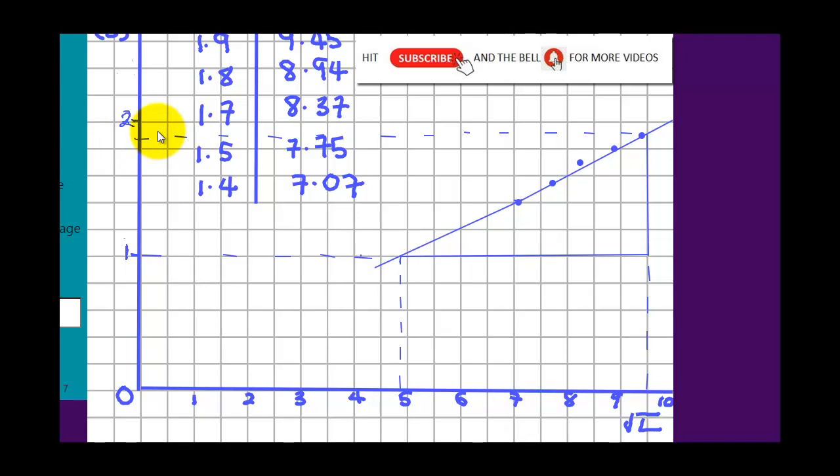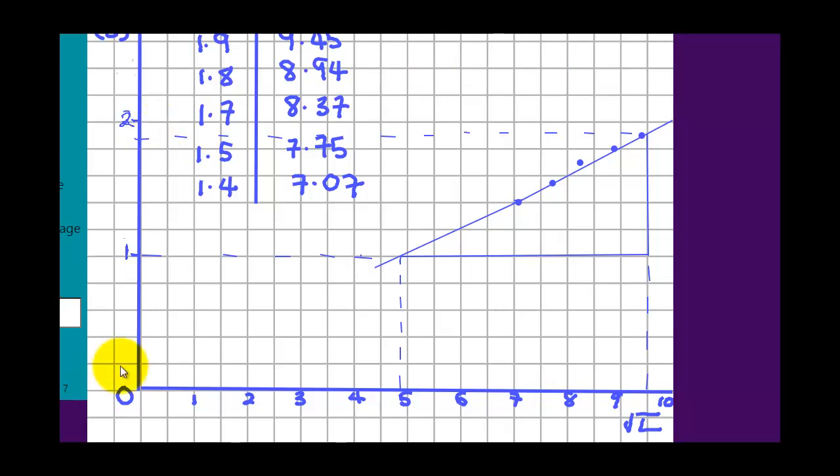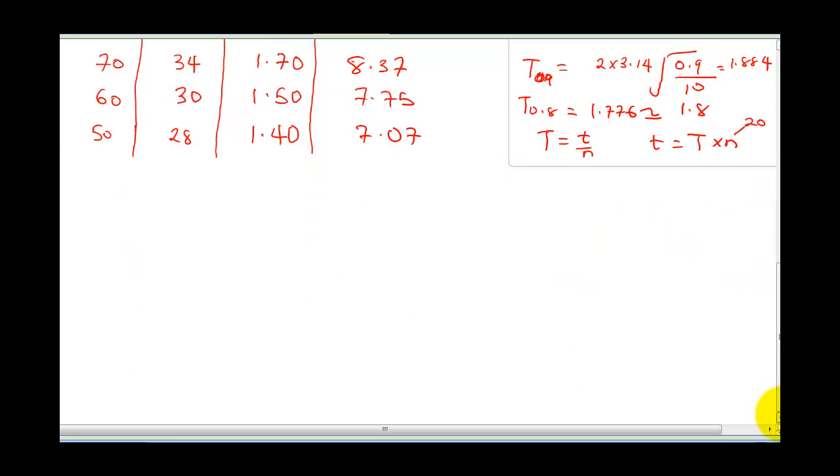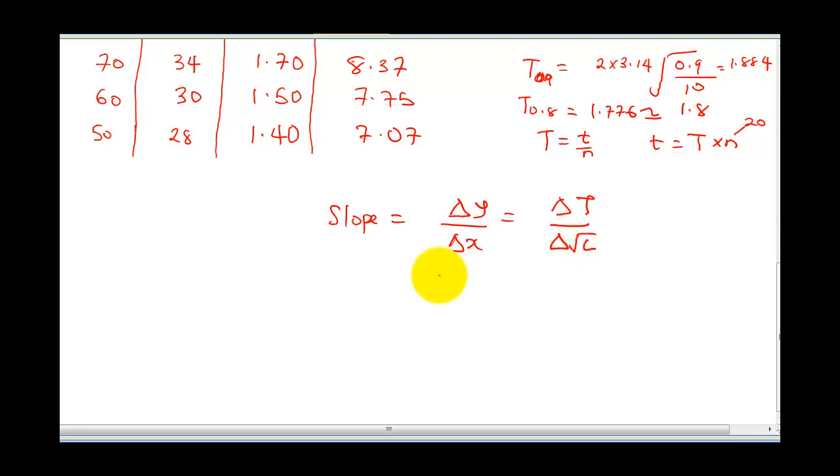Okay, so at this point, in order to calculate my slope, remember, you have to recall that our slope is going to be change in our y-axis over change in our x-axis, which is going to be change in T all over change in our x-axis, square root of L. So let's get the change.